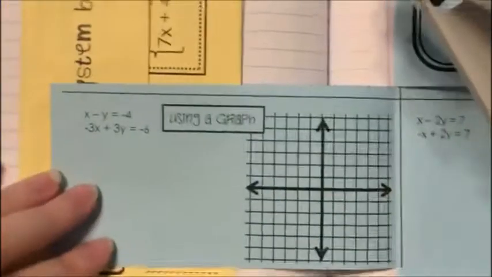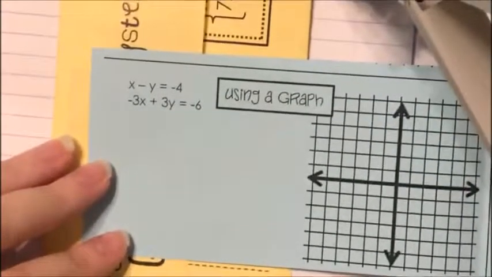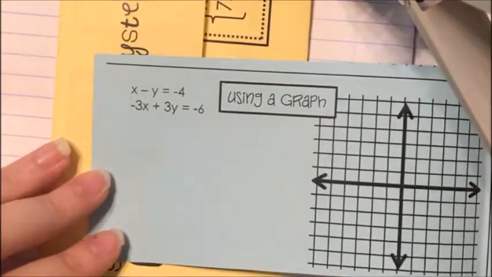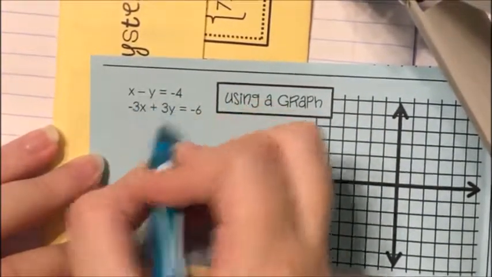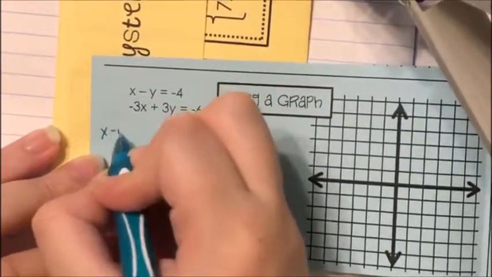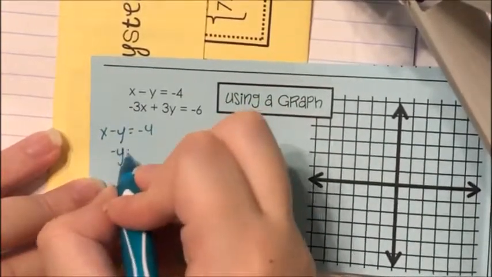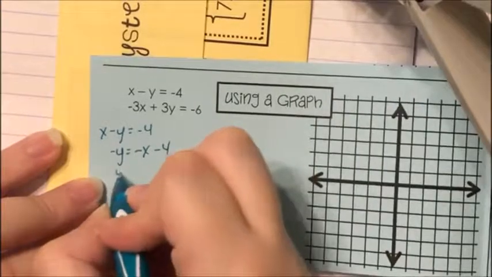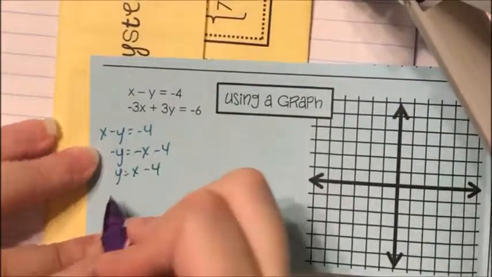Okay, no solutions. I have x minus y equals -4, negative 3x plus 3y equals -6. So no solution. These are going to be parallel lines. Okay, again, I'm going to solve. So I have slope intercept. Okay, so there's my first equation.